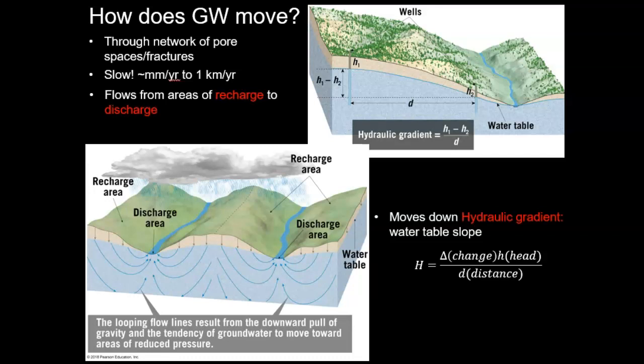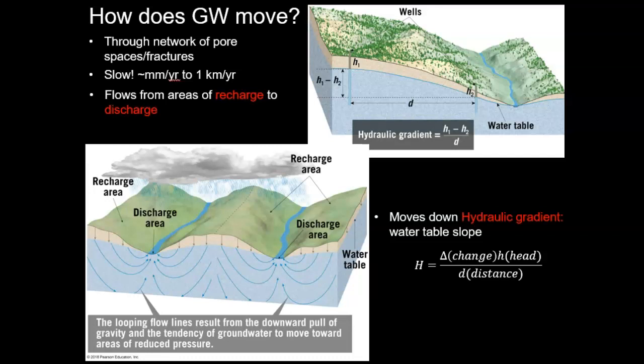So water will move from areas of high water table to areas of low water table by the aid of gravity. Sometimes this movement is straightforward, so it will go directly from high to low point, but most often the water actually takes these kind of curve-like pathways, as you're seeing in the image on the bottom here, in order to get to the discharge areas.